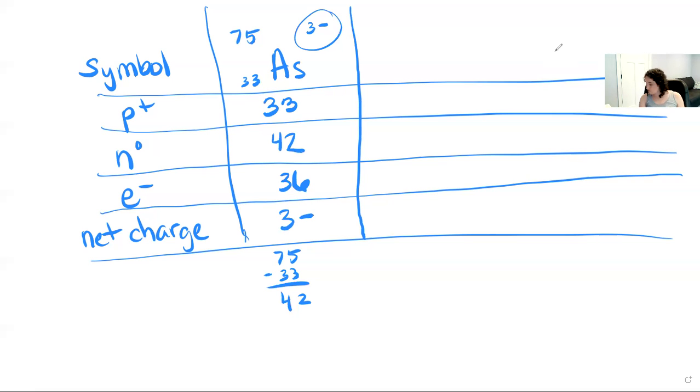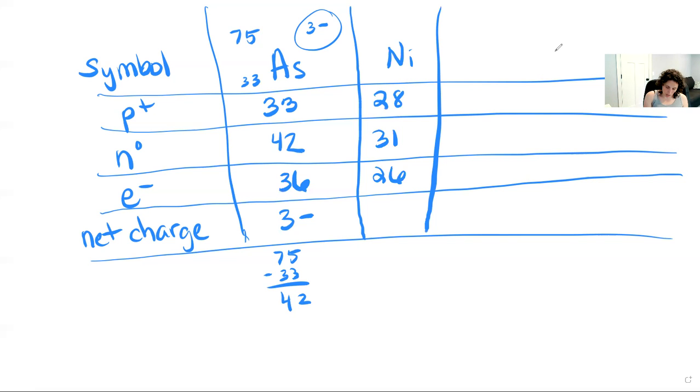What if we were given 28 protons and 31 neutrons and 26 electrons? We'll deal with the symbol up top first. The identity 28 is nickel, Ni, and I'll figure out that mass number so I can have the top symbol.